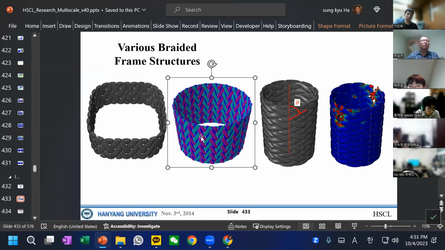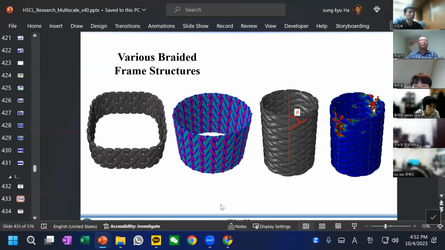Well, this is real. It's not a photo, this is the real generation of the geometry using Python in Abaqus. So you can program with one unit cell, one unit module, and you can generate it this way and that way.